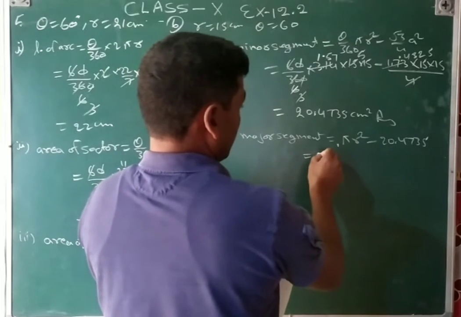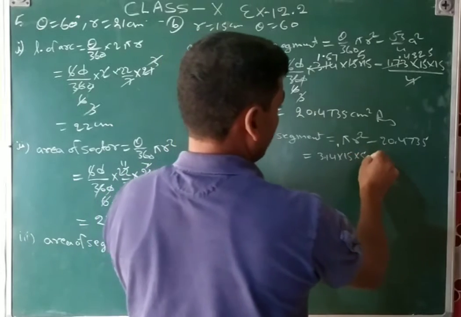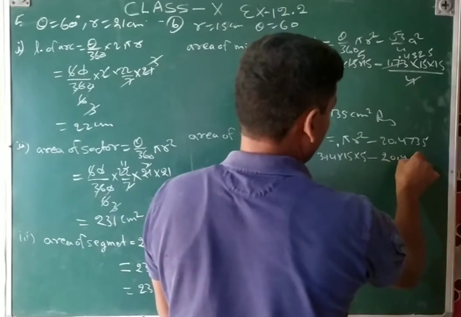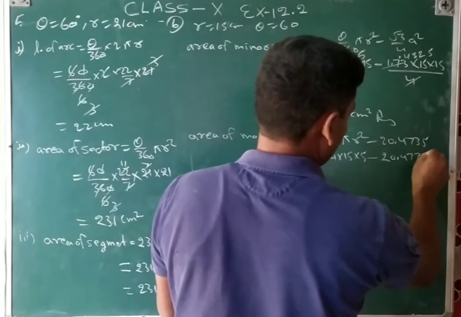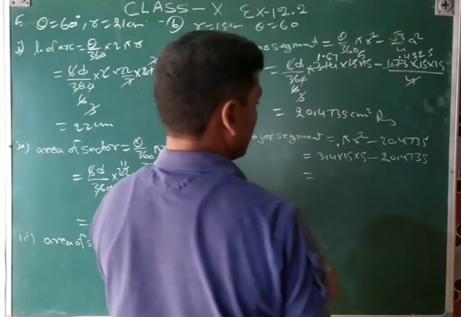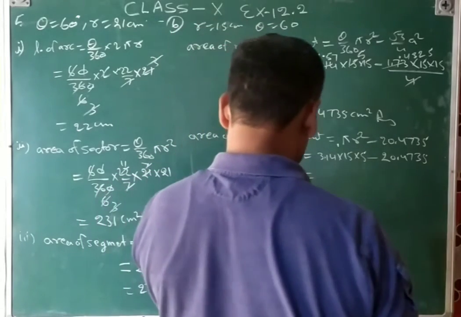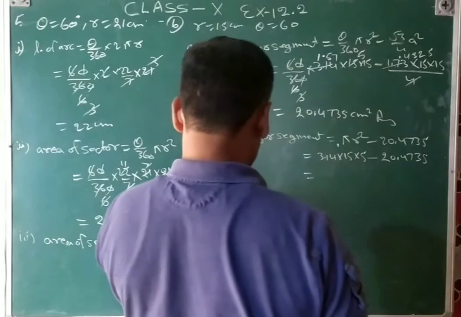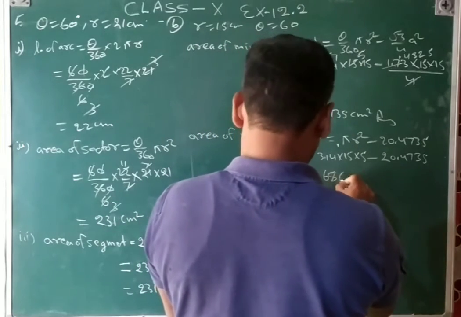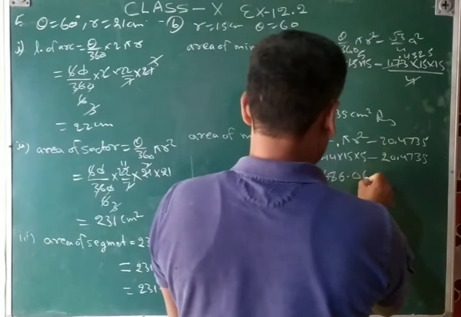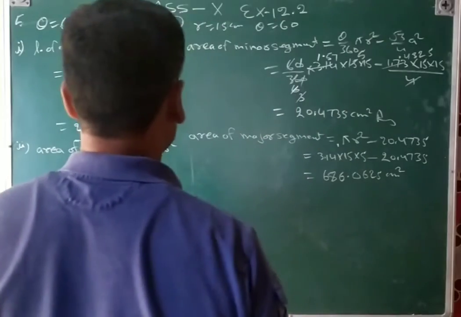So area of circle means 3.14 into 15 into 15 minus 20.4735, and then after that multiply will be, and then after your answer will come, that will be 686.0625 centimeter square, your answer will come.